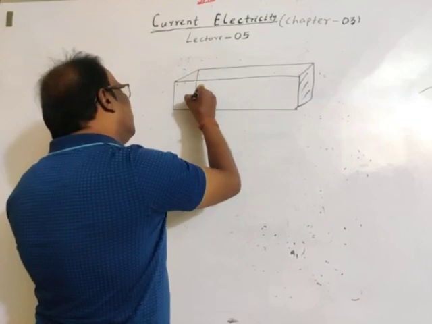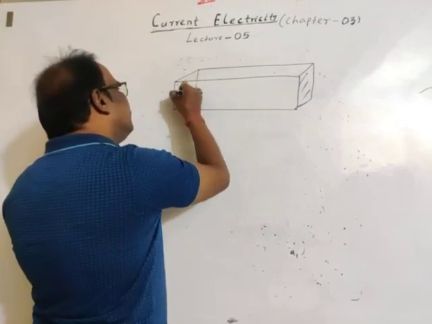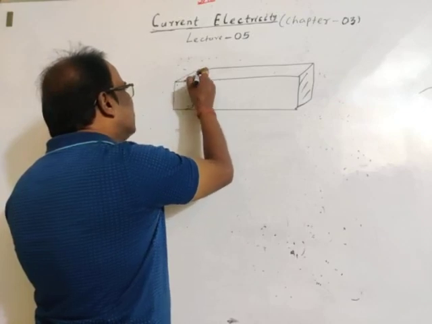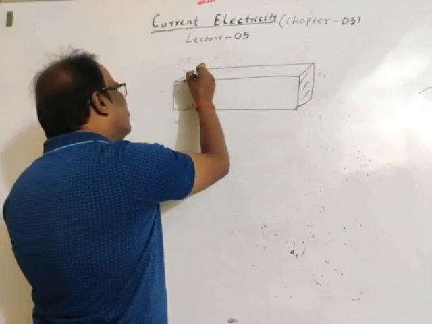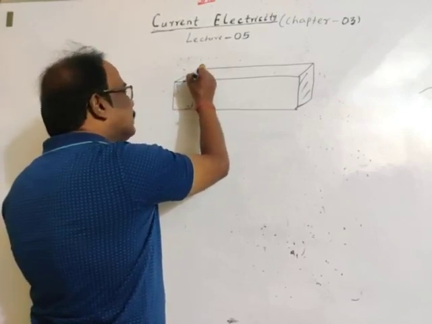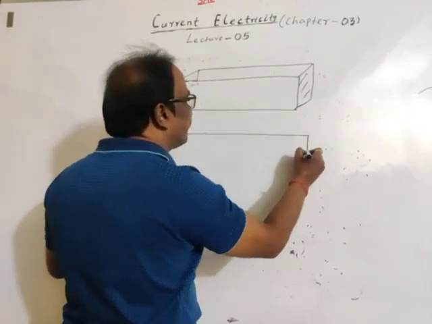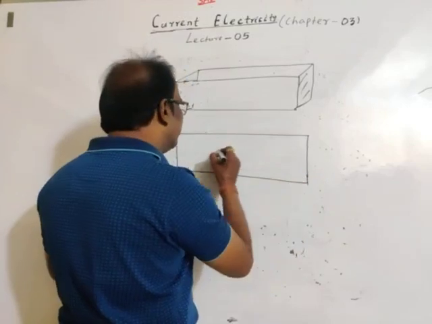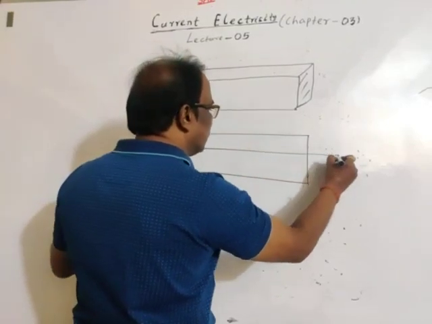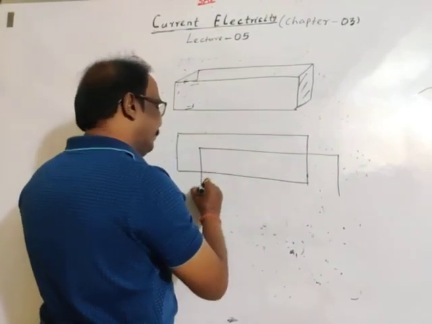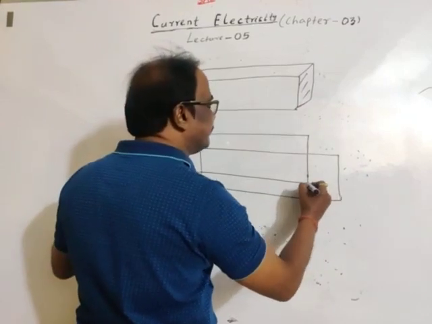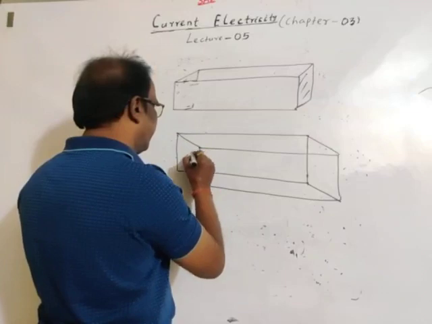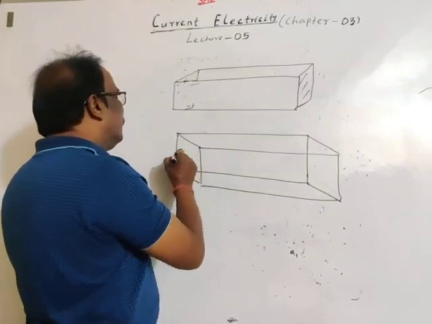Here also there will be a cross-sectional area. Consider any one of the cross-sectional areas. Here there is also a cross-sectional area. You may take it like this for clarity of representation.